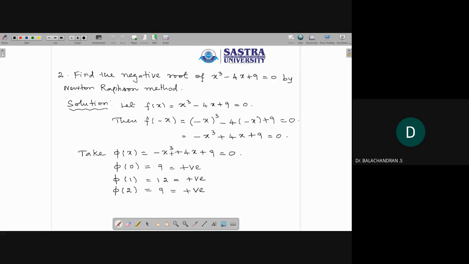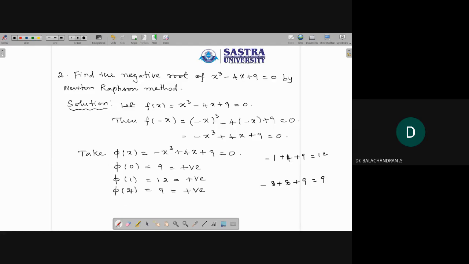If we substitute x is equal to 1, we'll get minus 1 plus 4 plus 9, so 13 minus 1, 12. Positive. And then if we substitute x is equal to 2, so minus 8 plus 8 plus 9, you get 9. So again positive.